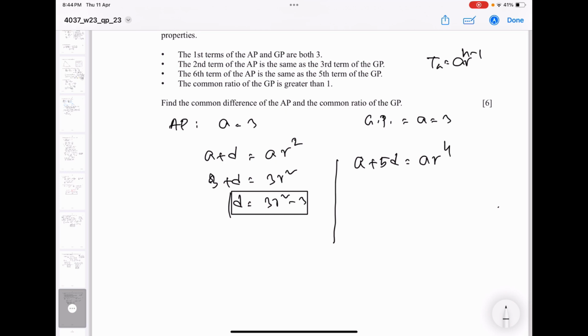So a is here 3, r to the power 4. And d is substituted by the expression above. Let me simplify. 15 r square minus 15 equals 3 r to the power 4. Okay, now simplify this one.